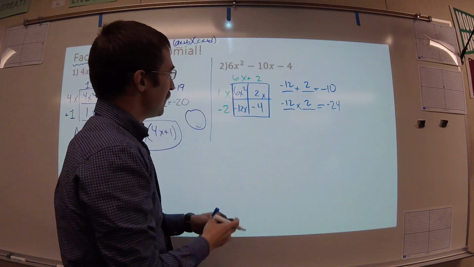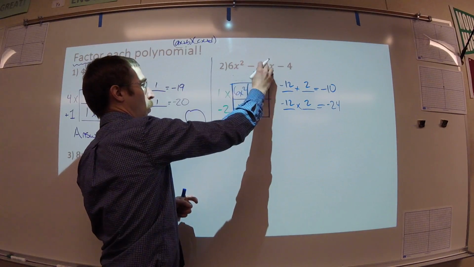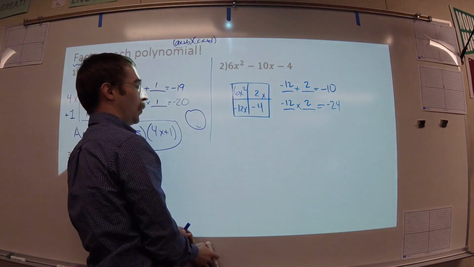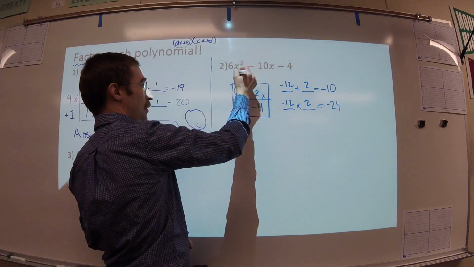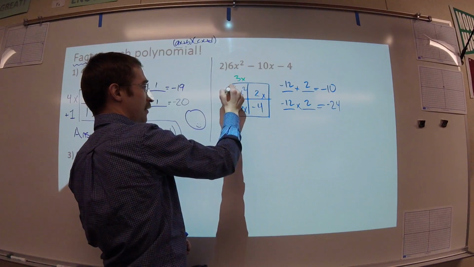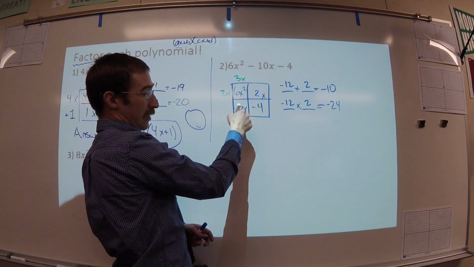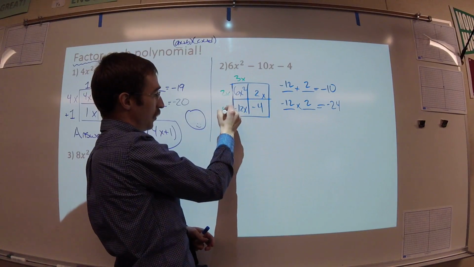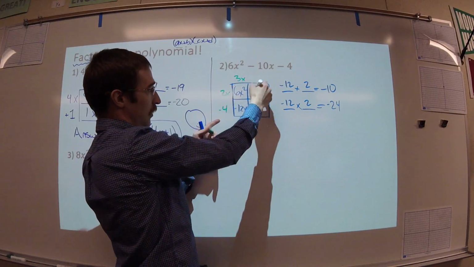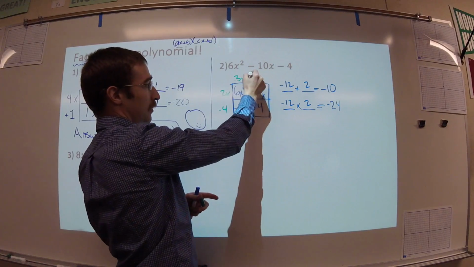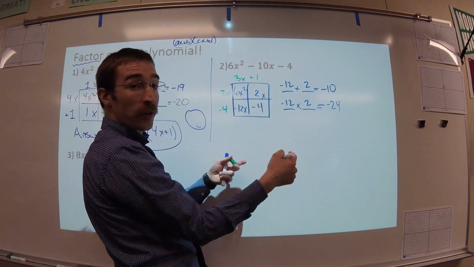Now, what if we did this? 3 times 2. So if I go 3x and 2x, well, 12 divided by 3 is negative 4, so a negative 4 there. 2 times 1 gives me 2x. Oh, that works too.